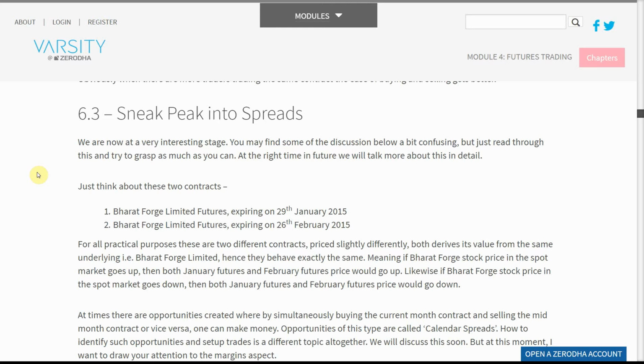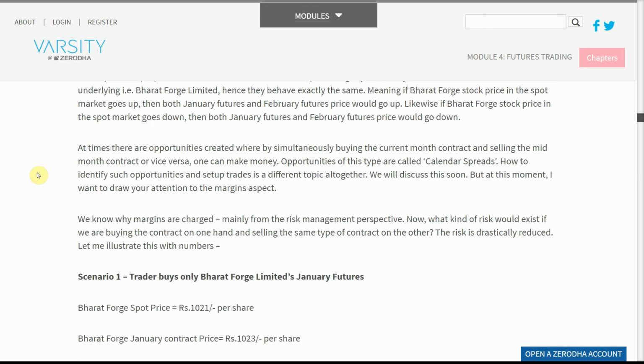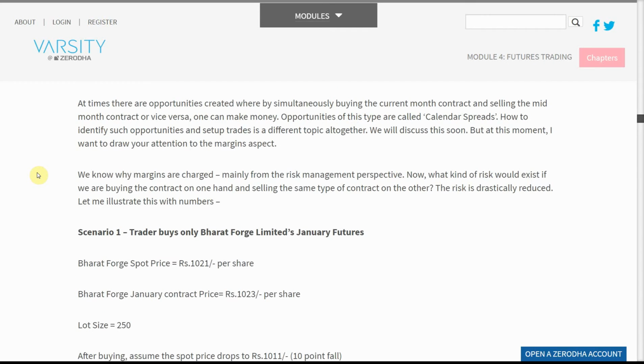Likewise, if the Bharat Forge stock price in the spot market goes down, then both January futures and February futures price would go down. At times, there are opportunities created whereby simultaneously buying the current month contract and selling the mid-month contract or vice versa, one can make money. Opportunities of this type are called calendar spreads.